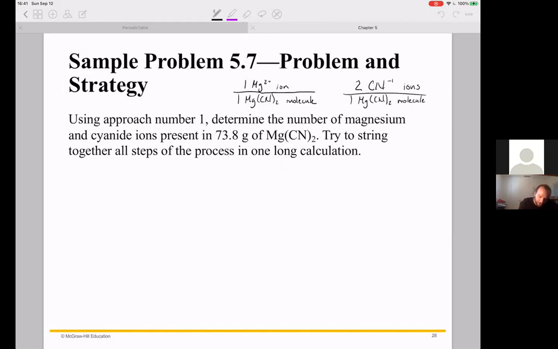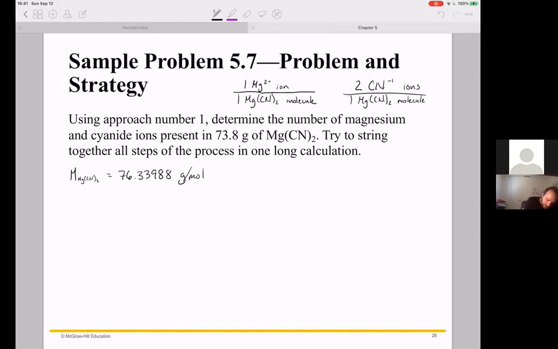But the other thing we're going to need is the molar mass of magnesium cyanide. We actually calculated that one in an earlier slide, so I'm just going to be lazy and copy down our answer from there: 76.33988 grams per mole. That was our molar mass for magnesium cyanide.